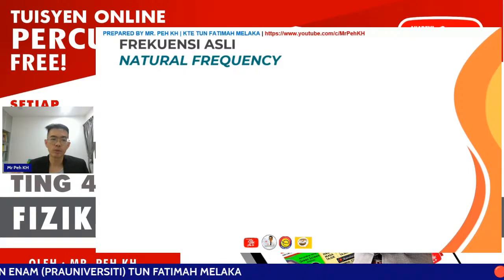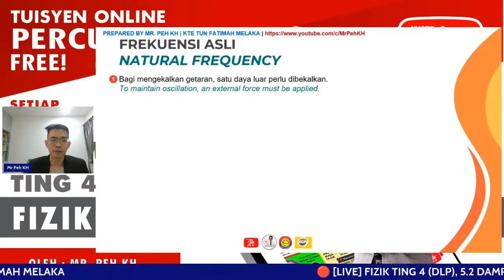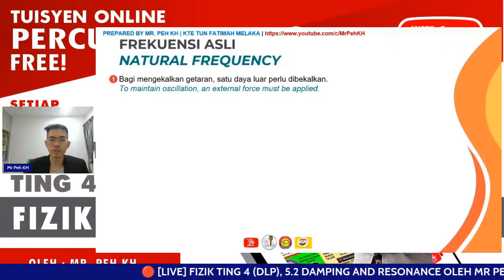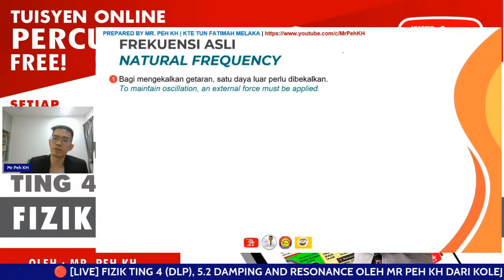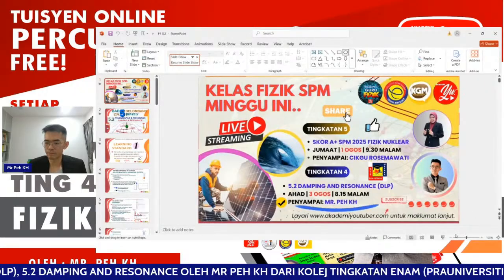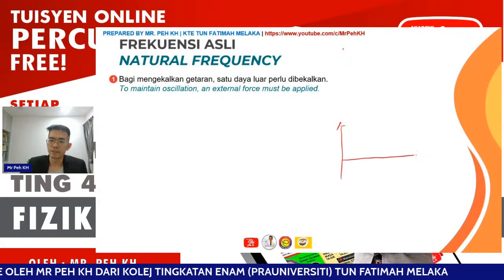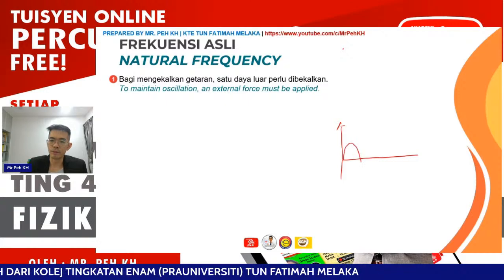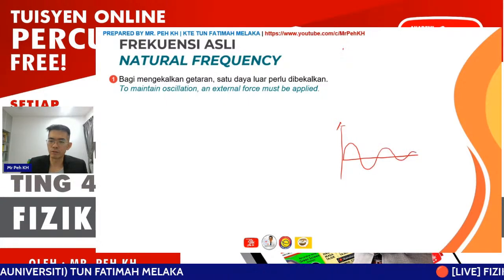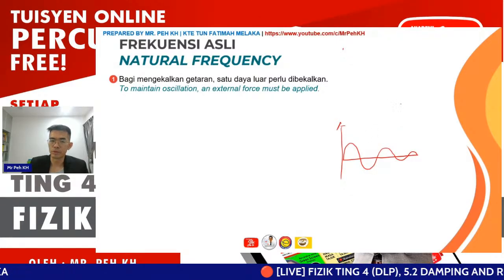So now we go to another term, natural frequency. To maintain oscillation, an external force must be applied. Just now we went through that the oscillating system's amplitude decreases, so in the end the oscillation will stop.